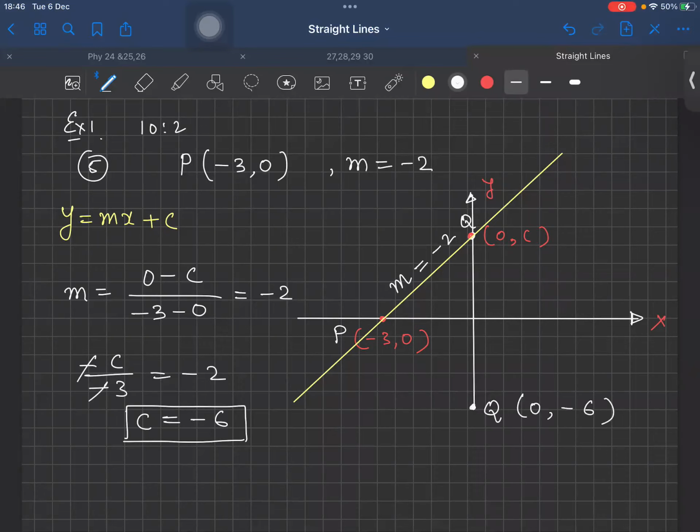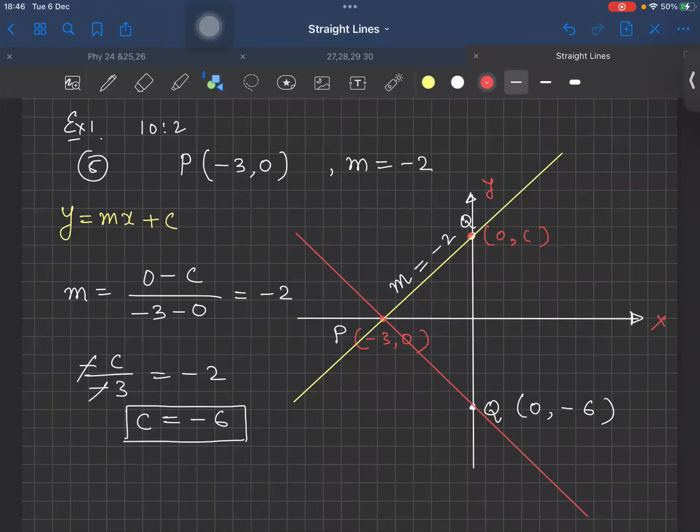This is something randomly we had taken. That means this is not the line. The actual line is this one. Are you able to understand or not? See, this yellow line is just some random line we had taken for the sake of representation.